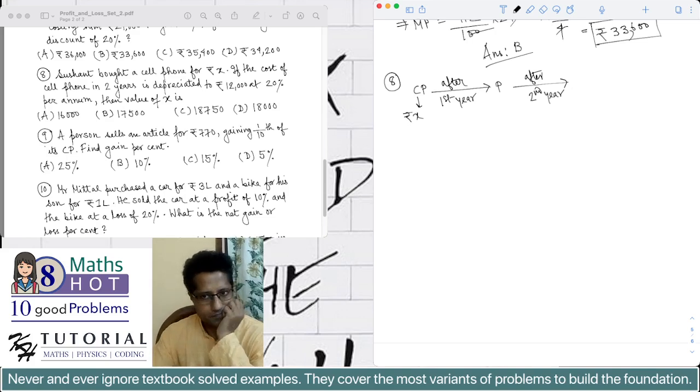After the first year, the price will decrease by 20%. So 20% less.